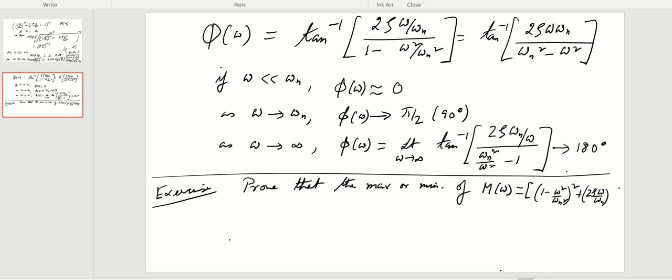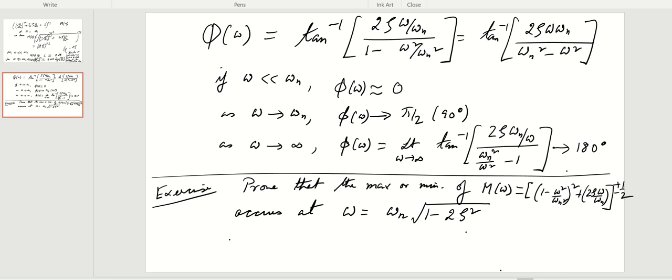occurs at omega equal to omega n square root of 1 minus 2 zeta square. So clearly, if you can prove this, then you'll see that obviously this peak doesn't exist for all values of zeta.